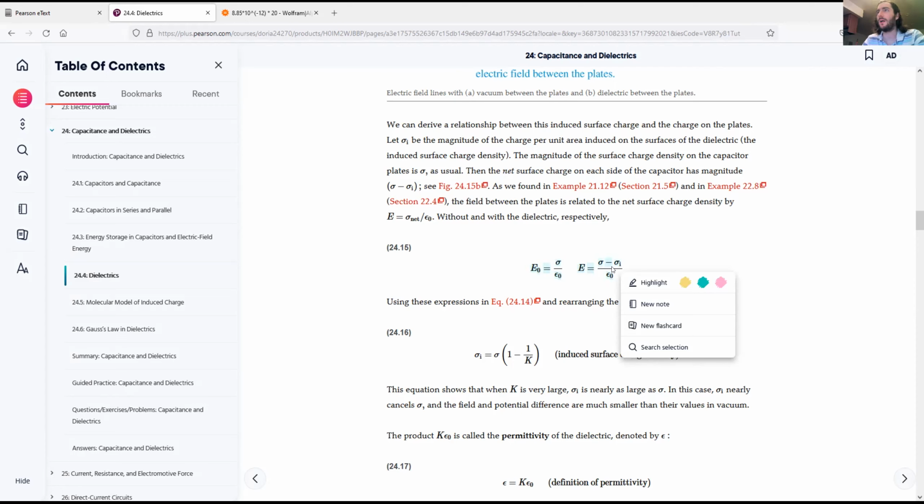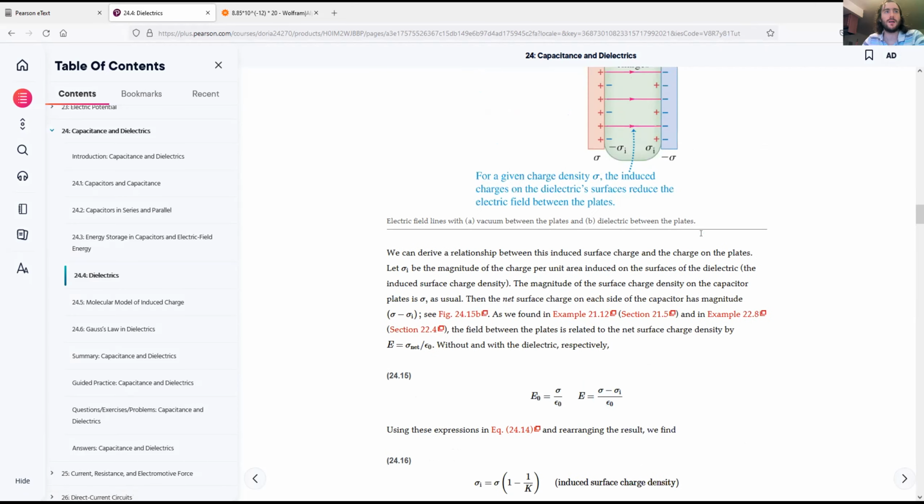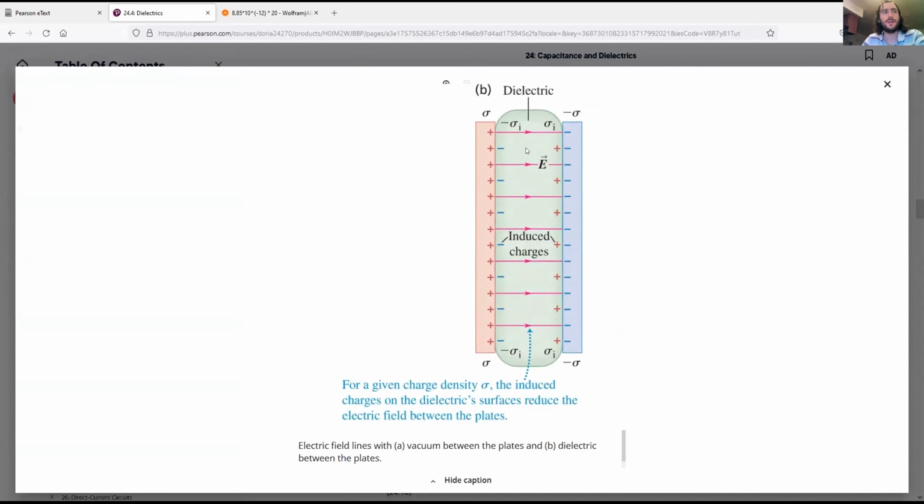So why is that? Well, if you scroll back up and look at this image, you can see that when the negative charge builds up close to the positive plate, some of those negative charges, when you count them all up, cancel out the positive charges that you count up when you apply Gauss's law.